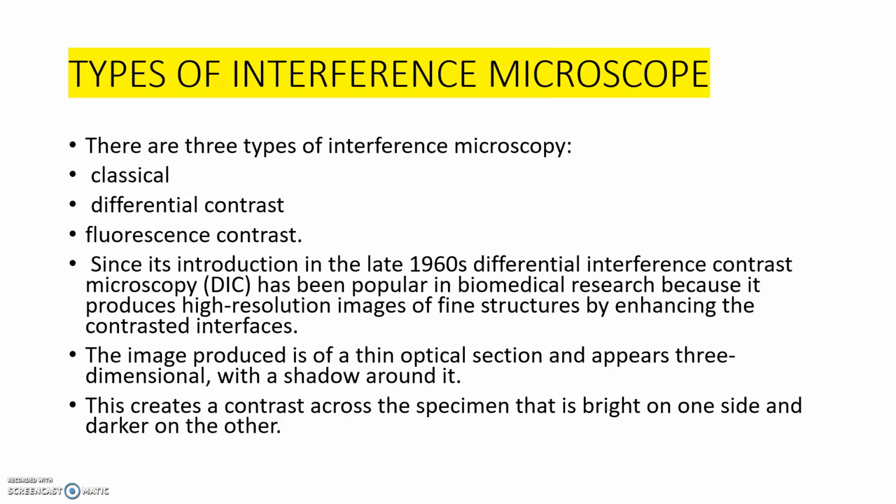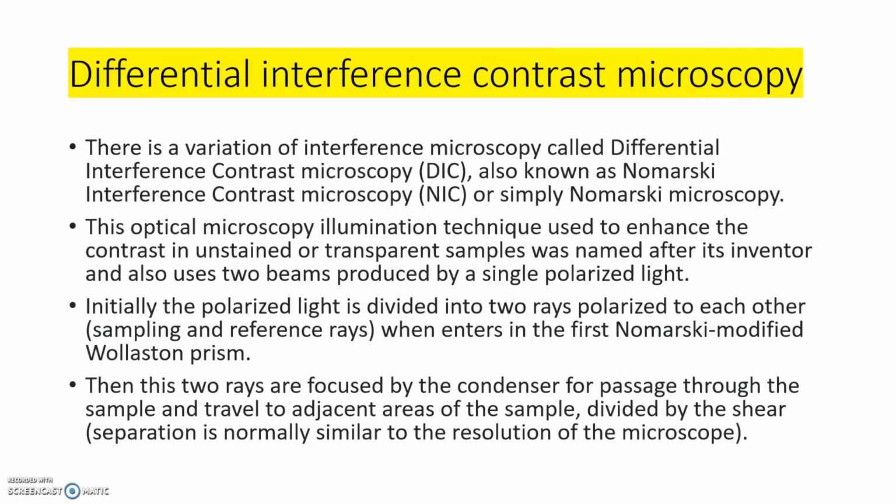The image produced is of a thin optical specimen section and appears three-dimensional, with a shadow effect. This creates a contrast across the specimen, which is bright on one side and darker on the other side.